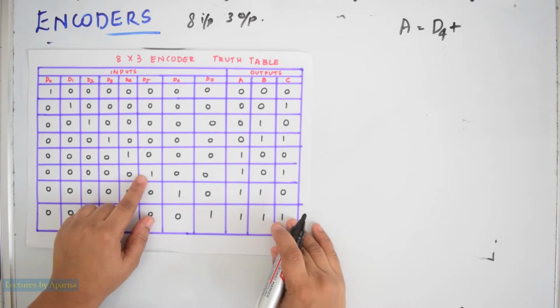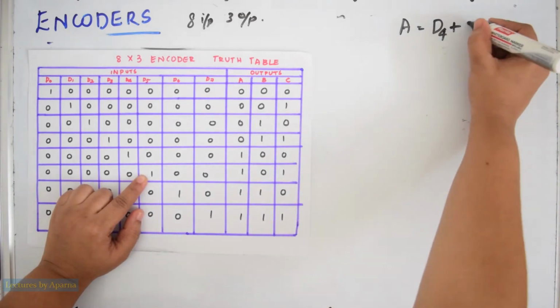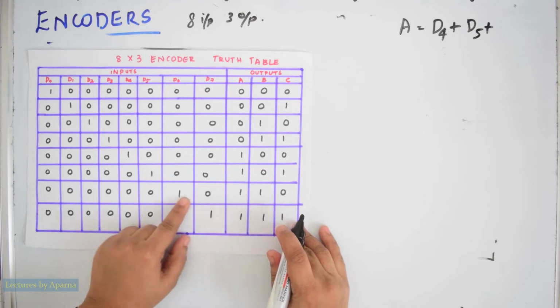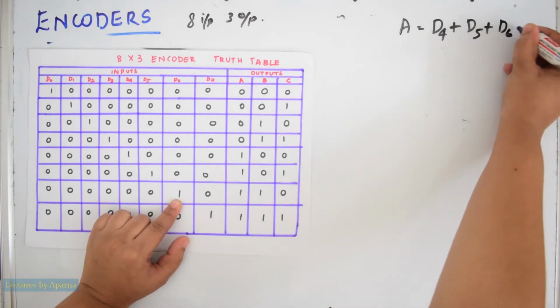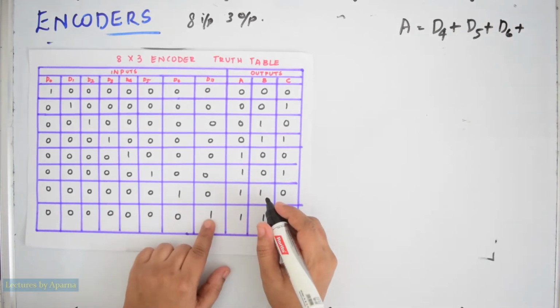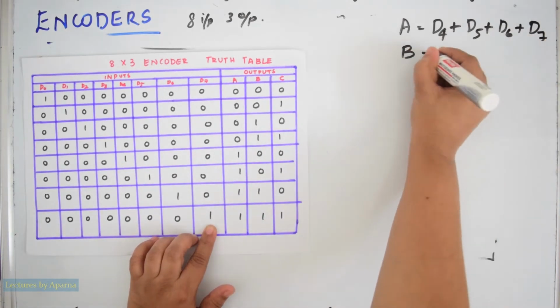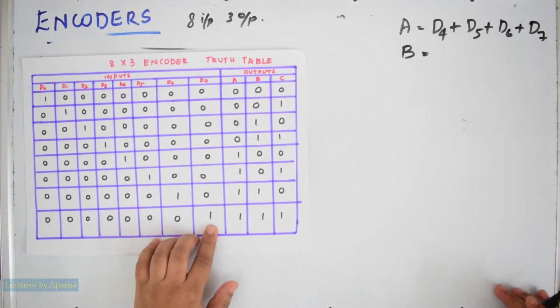Next case is when D5 is high, so D5 plus. Next is when D6 is high, so D6 plus. Next is when D7 is high, so that is D7.